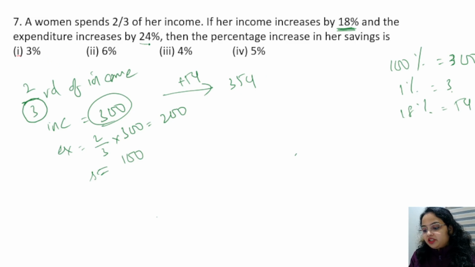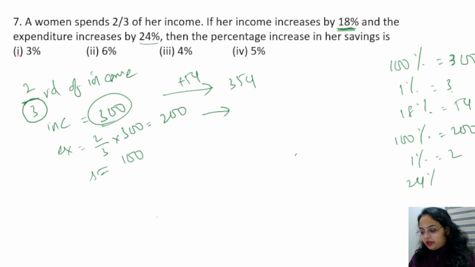And if the expenditure increases by 24%, see, 100% is equal to 200. 1% is equal to 2. So 24% is equal to 48. So it is 200 plus 48, it is 248.